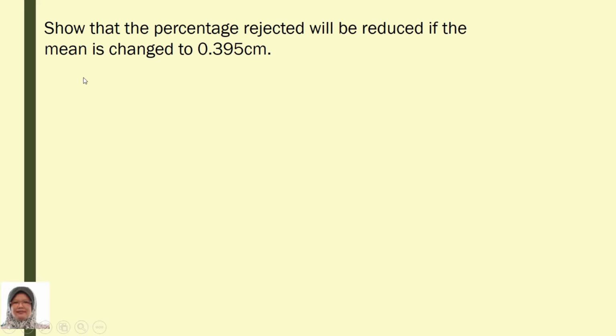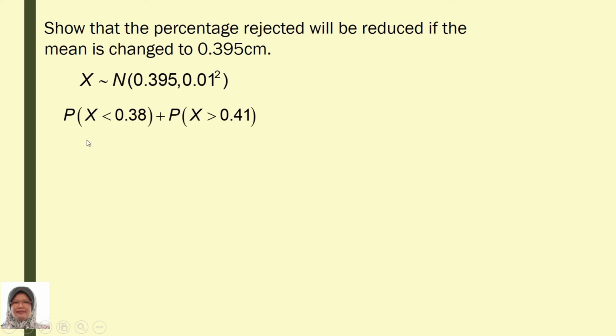So the percentage of components rejected is 18.15%. Another question: show that the percentage rejected will be reduced if the mean is changed to 0.395. We write X has normal distribution with mean 0.395 and variance 0.01 squared, and the question is still the same.